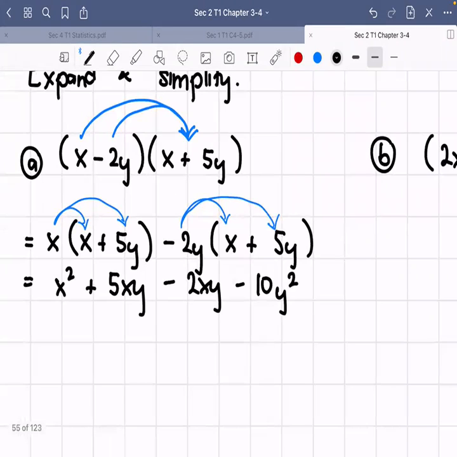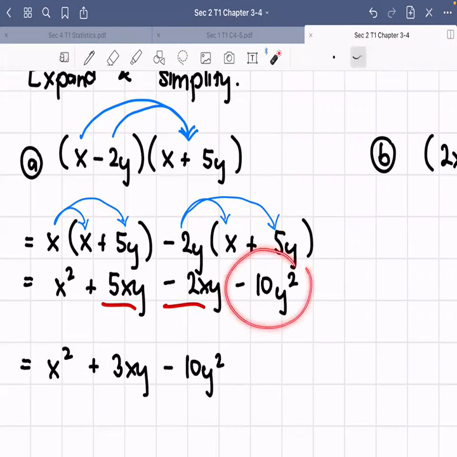So let's simplify this. Bringing down x squared, we can simplify 5xy and negative 2xy. So what is 5 minus 2xy? That is equal to plus 3xy, and then minus 10y squared.